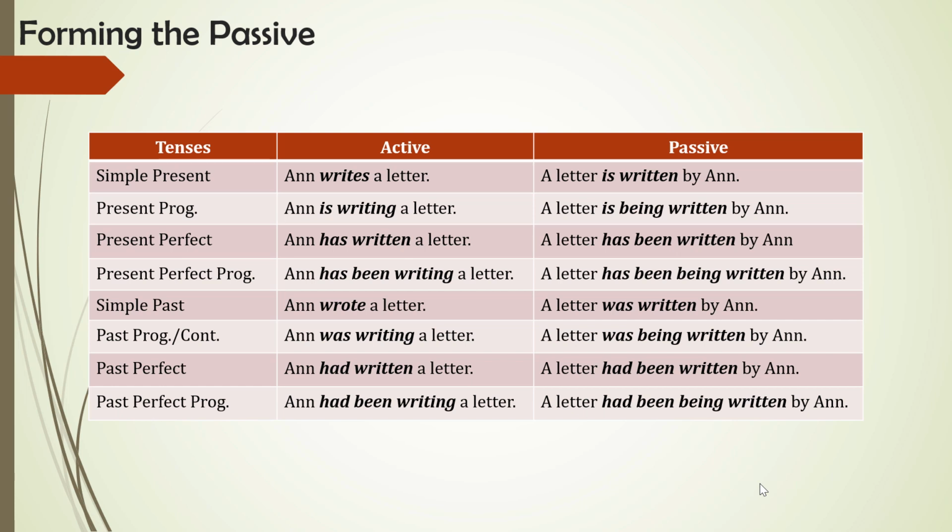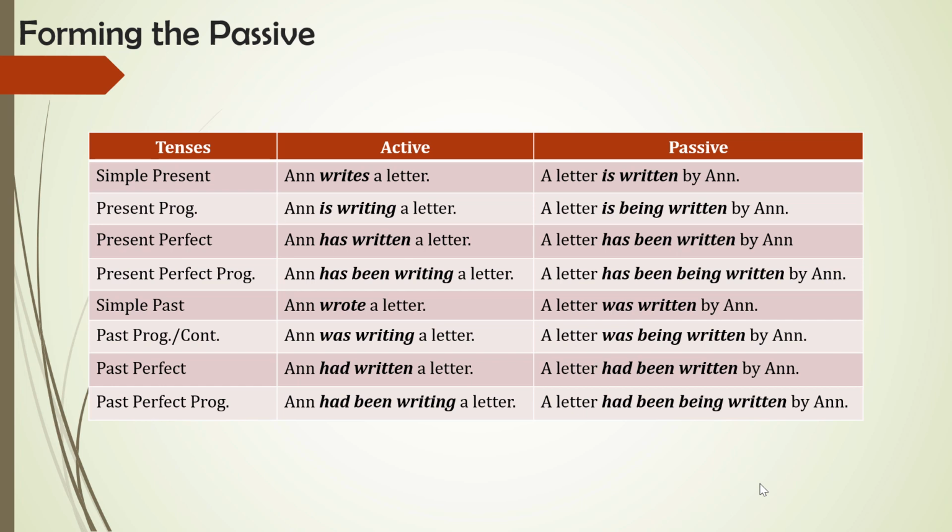from the active. Like for example, simple present, N writes a letter. In this sentence, N as subject, writes as verb, a letter as object. Because this sentence has an object, it can be changed into passive.